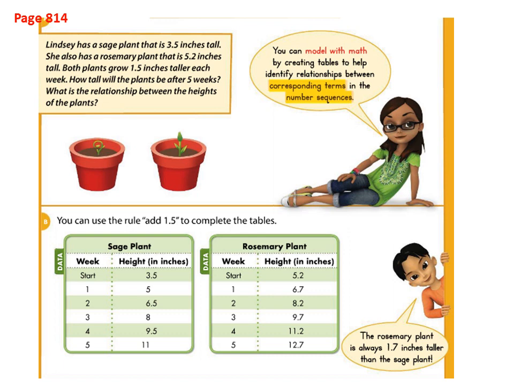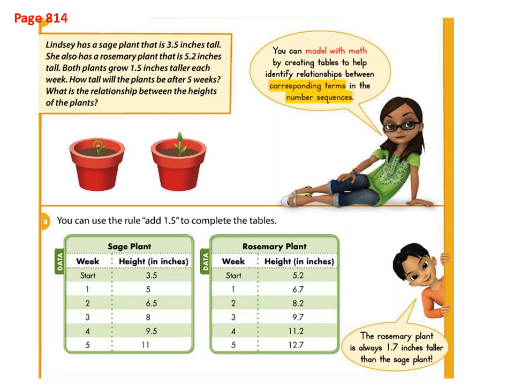So we can say that the relation between the heights of each plant is the rosemary plant is always 1.7 inches taller than the sage plant. Are you happy with this? Yes? We'll use these tables on the next page to solve questions from 1 to 4.